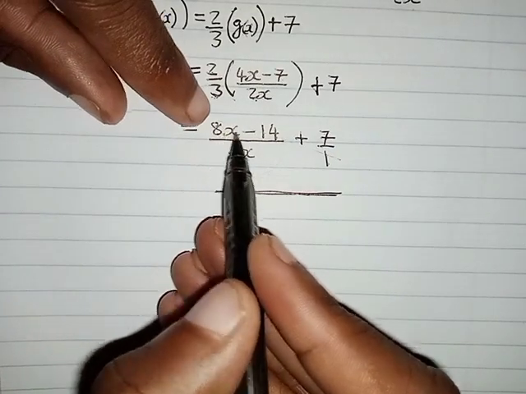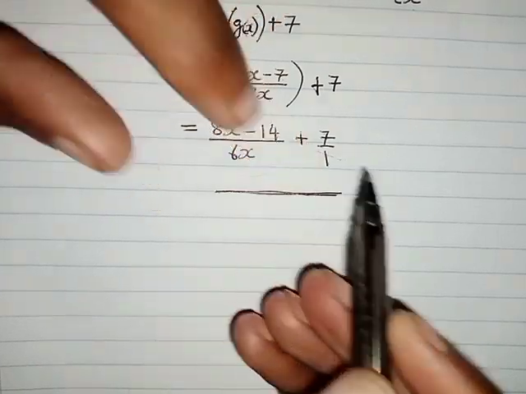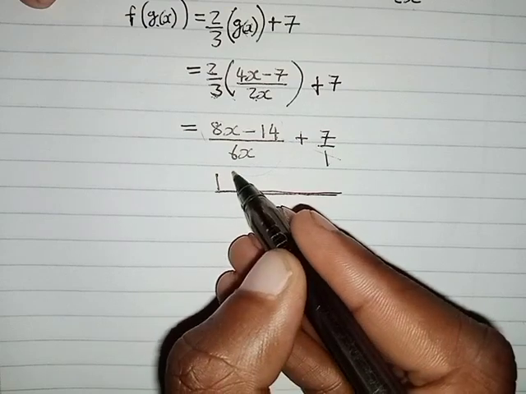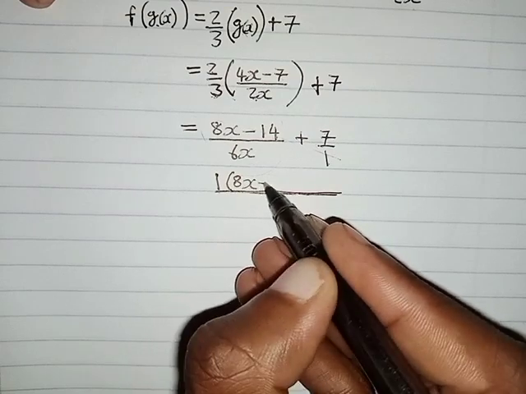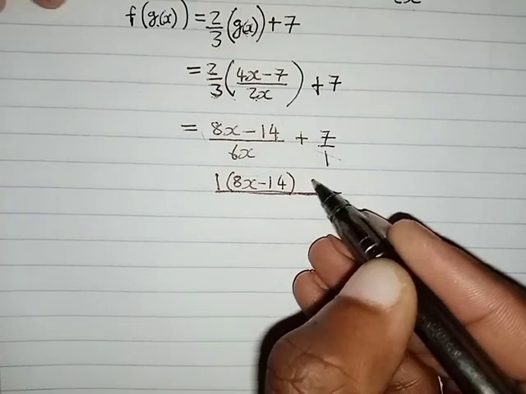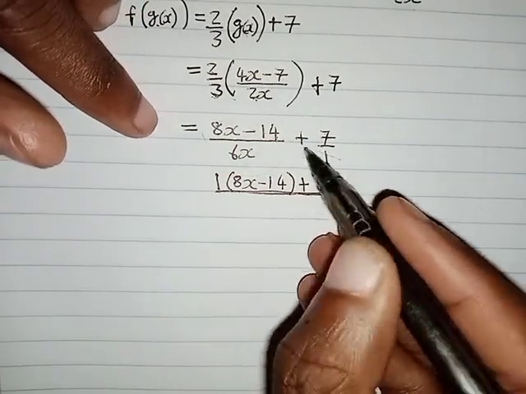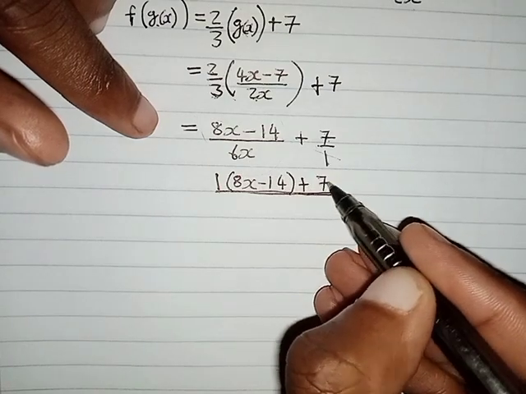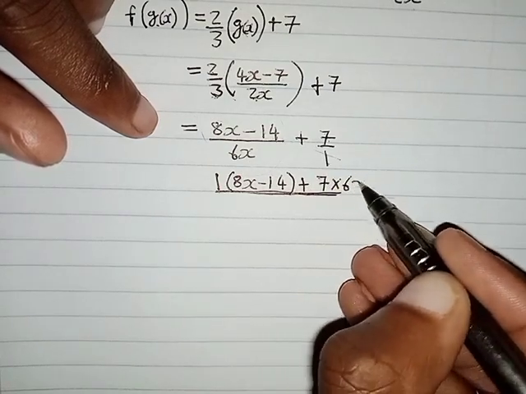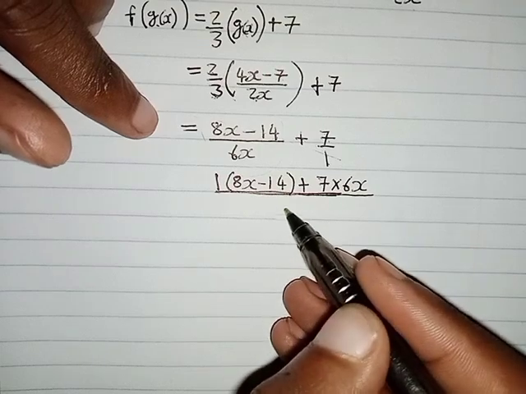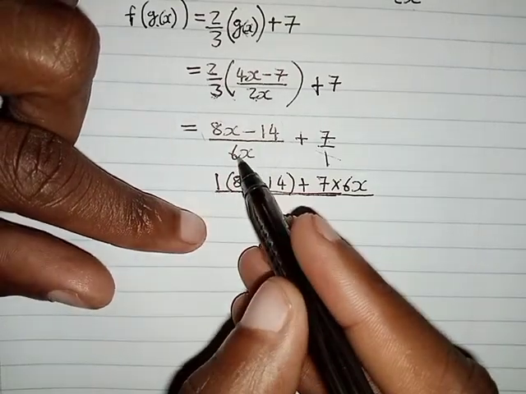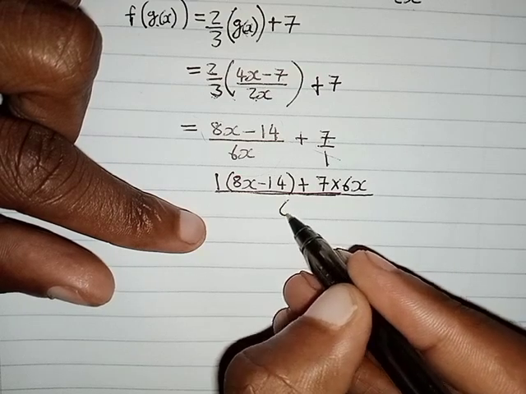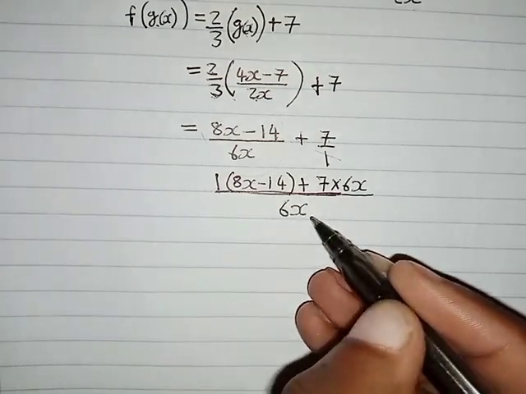So we say 1 multiplied by 8x minus 14, then plus 7 times 6x. Then for the denominator, we write 6x times 1, which will give us 6x.